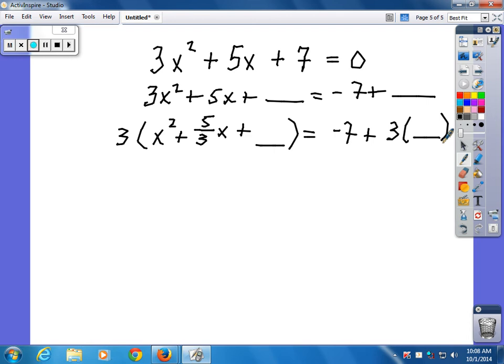Question. A lot of people say, well, why don't you factor out the 3 right here? There's nothing here. That would be like factoring 0 by 3. So why would you factor 0 by 3? You get 0. So that's why.